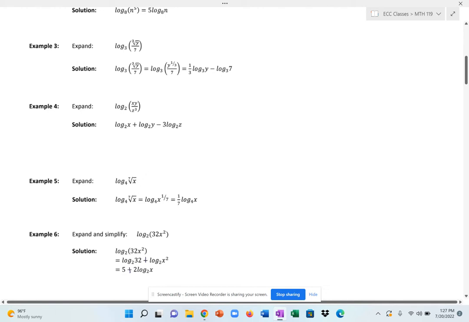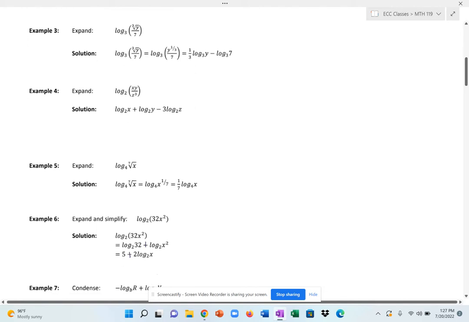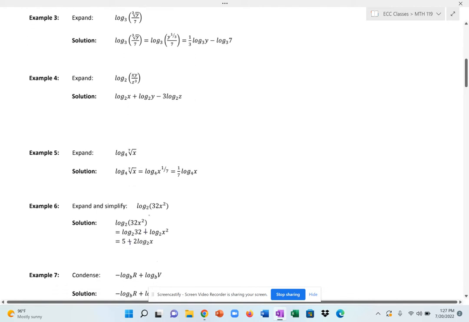Okay, in example 6, we're going to be able to do a little bit more. The directions say to expand and simplify. So I'm going to write this using my product law as the log base 2 of 32 plus the log base 2 of x squared, but then I can apply my power law to the second logarithm and put that 2 in front. So this logarithm becomes 2 log base 2 of x.